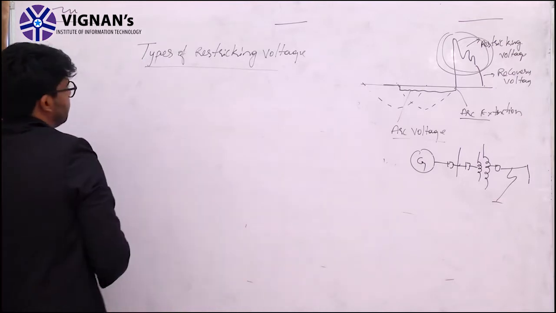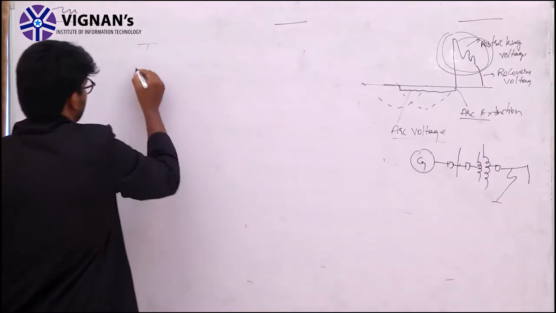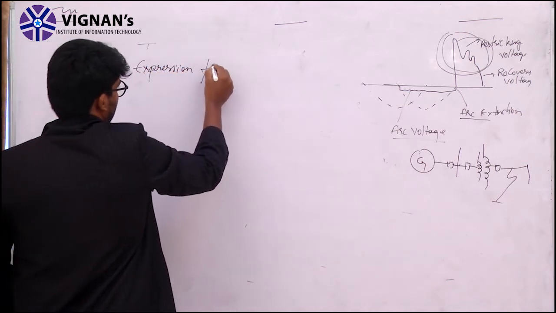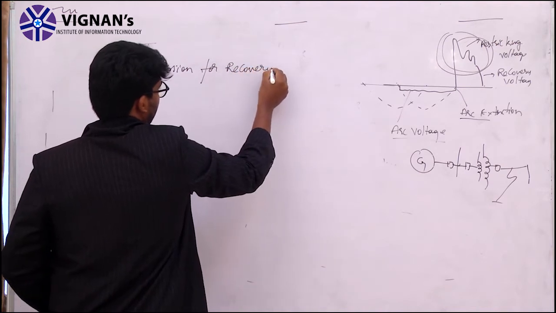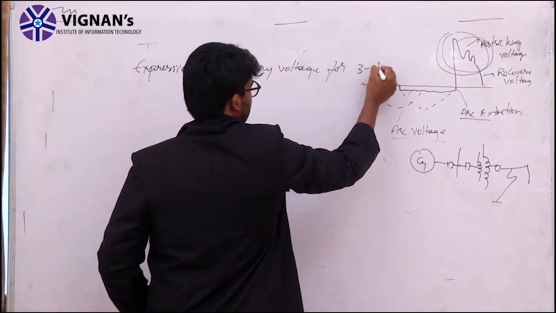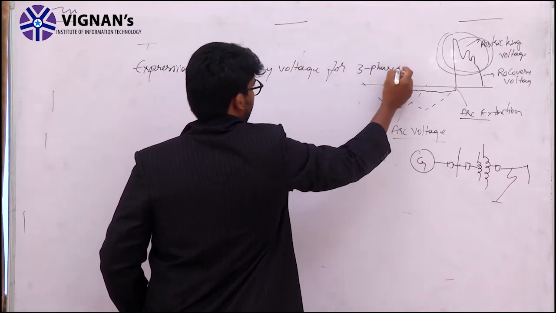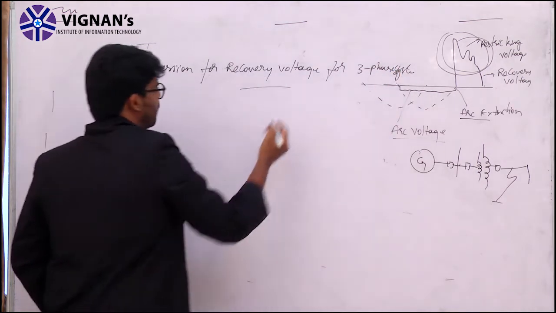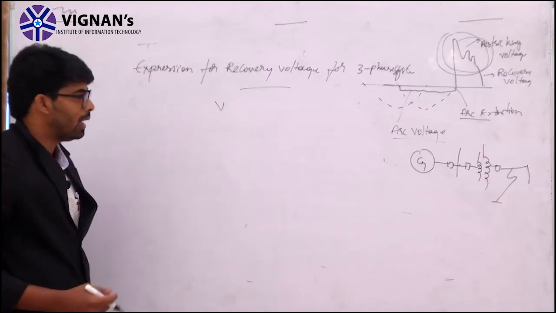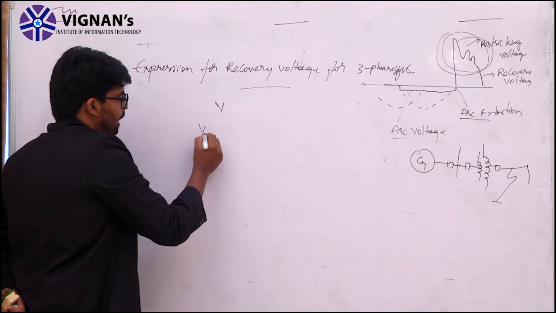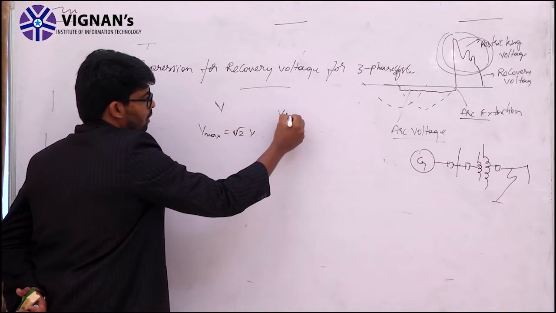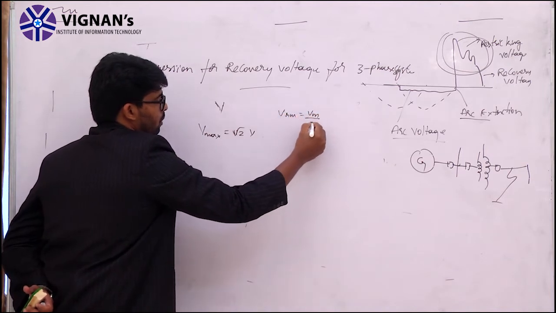Expression for recovery voltage for a three-phase system. As you all know, if you take the RMS value V of the line system, the maximum value is V max equal to root 2 V, since V RMS is equal to V max by root 2.